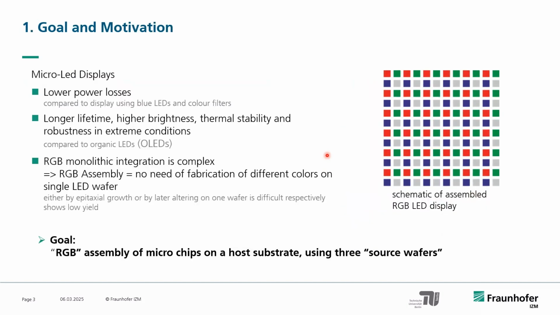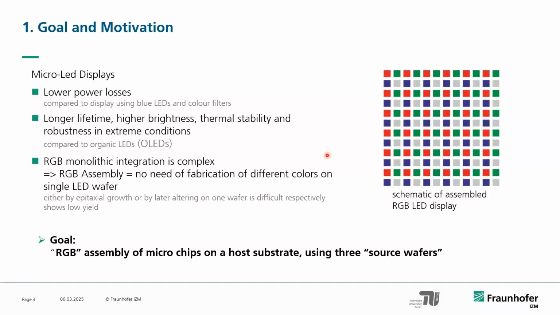Micro LED displays are quite interesting because micro LEDs are well known to enable lower power losses compared to usual blue LEDs and color filters. There are also topics around longer lifetime, higher brightness, and thermal stability compared to OLEDs.